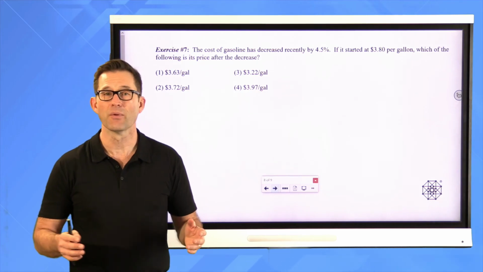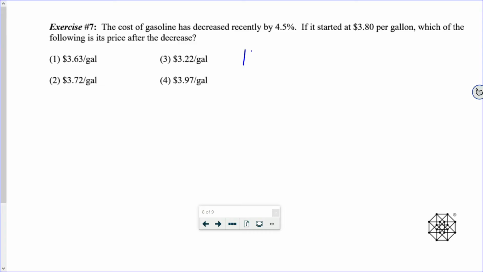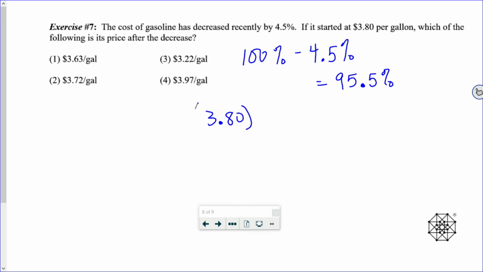All right, simple enough. Again, I can say, well, 100% minus 4.5% ends up being 95.5%. Use your calculator on that if you need to. So I'm going to take my $3.80 and multiply it by 0.955.